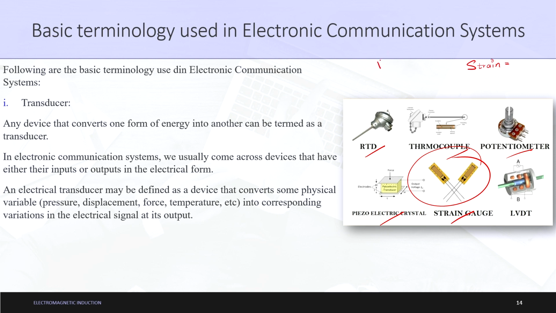Let us say there is a bar of length L, and when you compress it, there is a change in the size or dimension of this bar by delta L. Strain is delta L upon L. So, what does the strain gauge do? It calculates the value of strain and gives it to you. And there is an LVDT. Just to know the examples, I will not go into the details of these things.